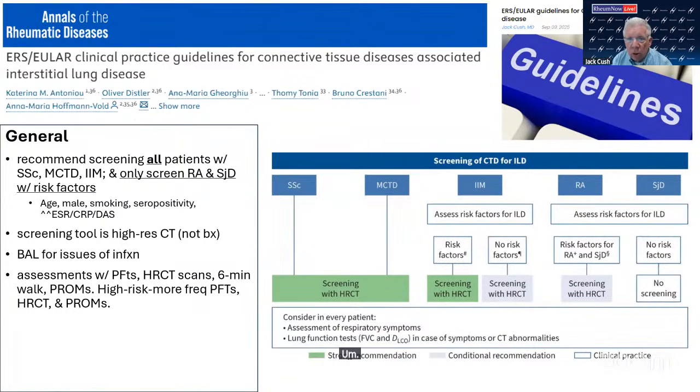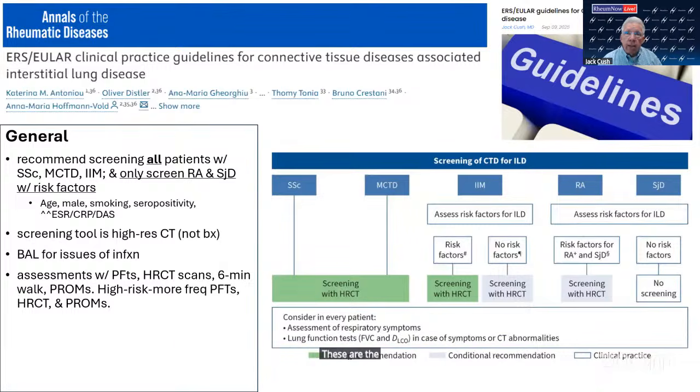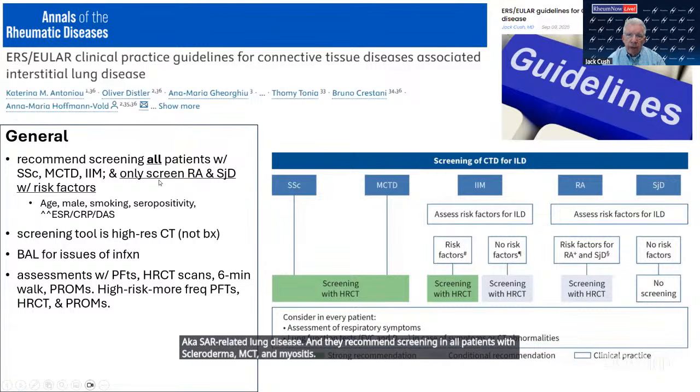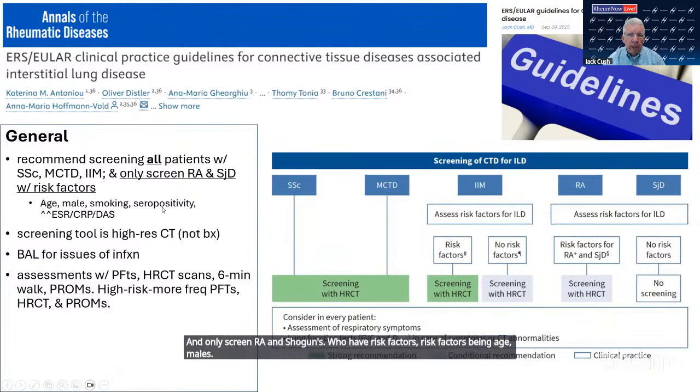So, all right, let's move on to the screening as set forth by Anna-Maria Hoffmann-Vold, who gave this presentation at EULAR in Barcelona and just recently published this. These are the ERS/EULAR practice guidelines for CTD-related lung disease, aka SARD-related lung disease, and they recommend screening in all patients with scleroderma, MCTD, and myositis and only screening RA and Sjogren's who have risk factors, being age, males, smoking, seropositivity, markers of inflammation or high disease activity, like by DAS score.